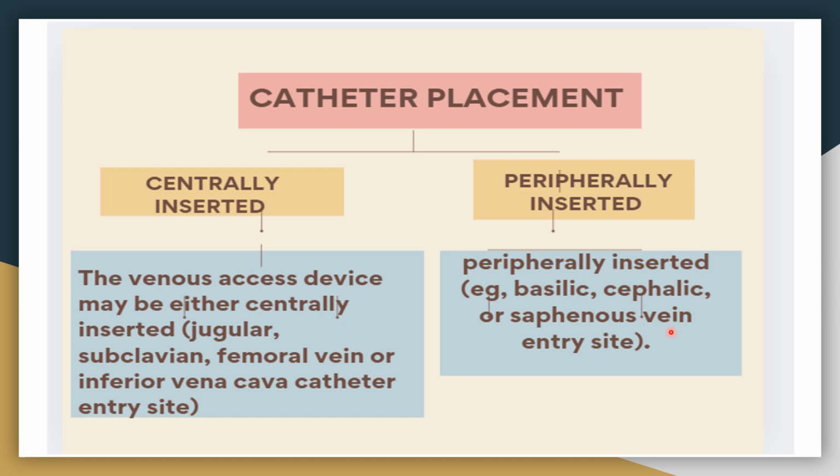So many a time the name of the vein will give you the idea whether it is peripherally inserted or centrally inserted. And in your book also there are plenty of illustrations, in case you are stuck understanding whether it is central or peripheral, you can take the help of those diagrams.